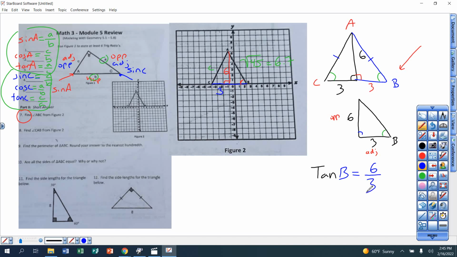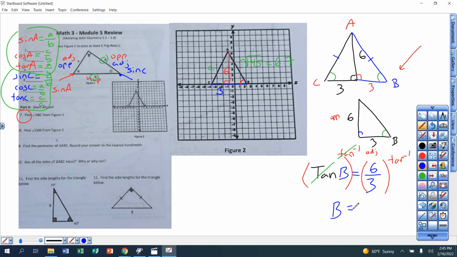You see that? And then to get this, you do a weird thing. You do inverse tangent, tangent to the -1, and I'll show you how to do that. Because when you do the inverse tangent to this, it's kind of like math, where this and this cancel, and leaves you just B now, whatever the angle is.